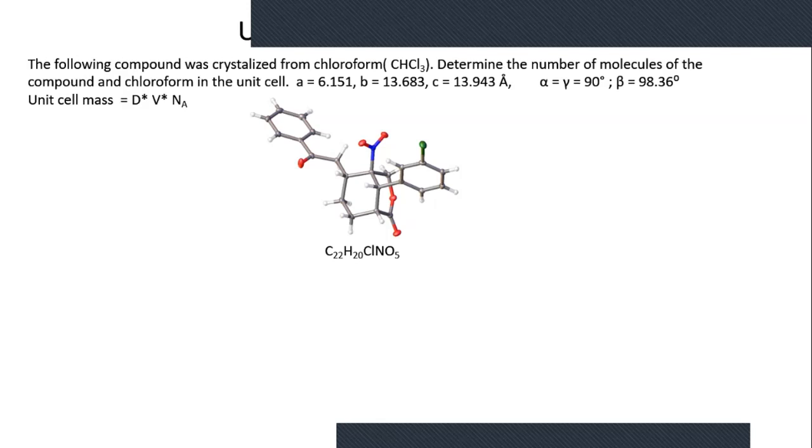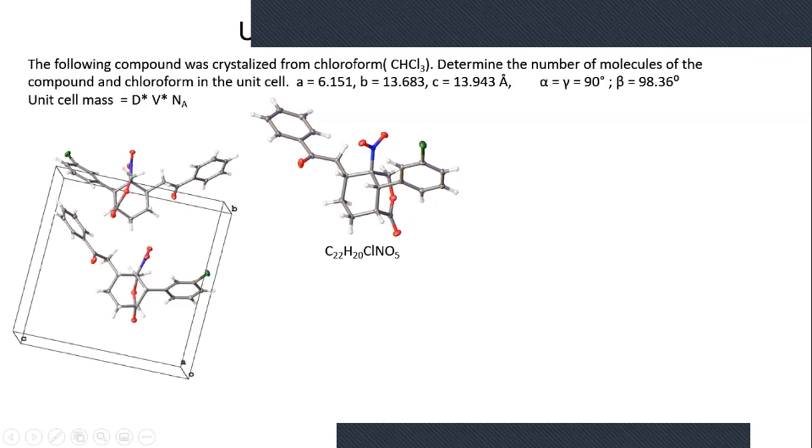So we want to find the unit cell mass. These are the components that we need: the density, the volume, and Avogadro's number. What we know from our structure is that there are two molecules of this compound in the unit cell. But we don't know how many molecules of chloroform there are.